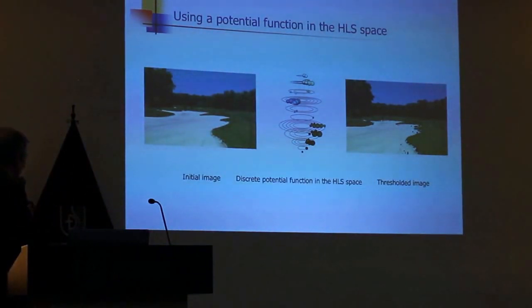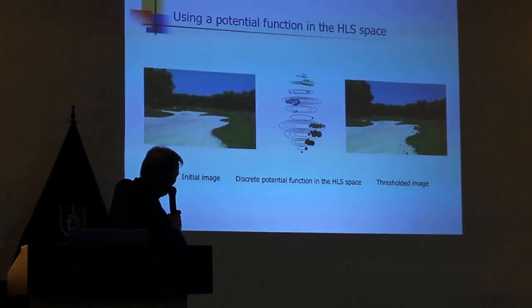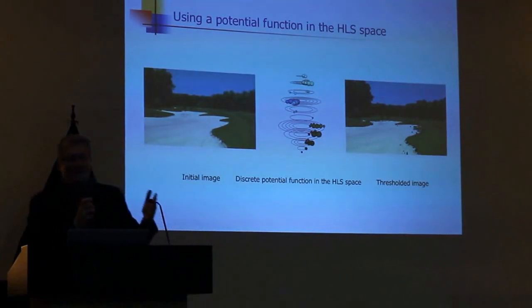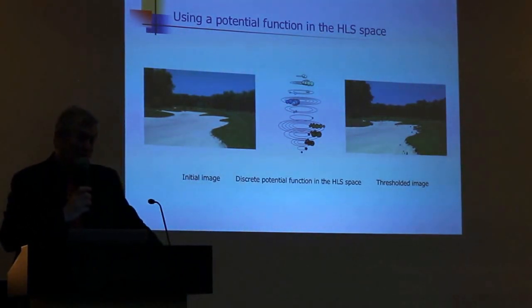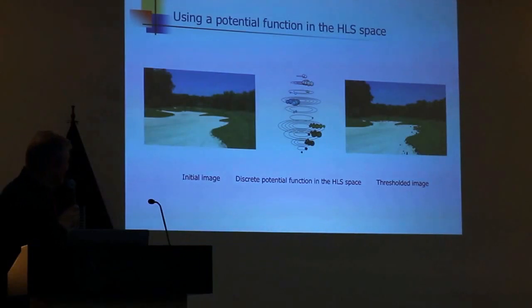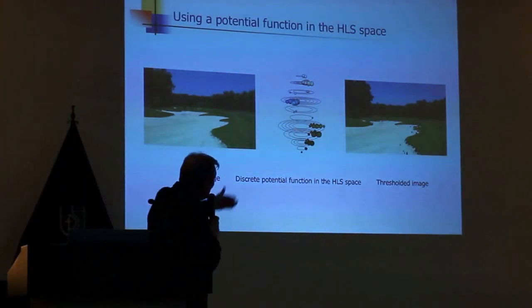And so, you can see that on the left, you still have the same image. In the middle, you have the representation after thresholding the potential on the HLS space after using this Parzen way. You see Parzen? It's written on the next slide. And then we have a much better result on the right.